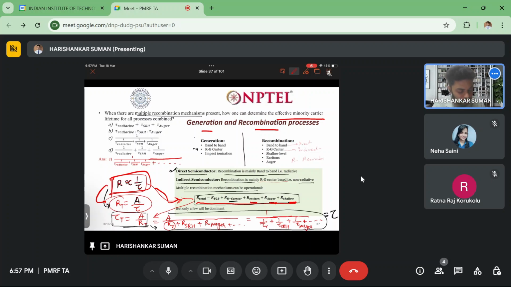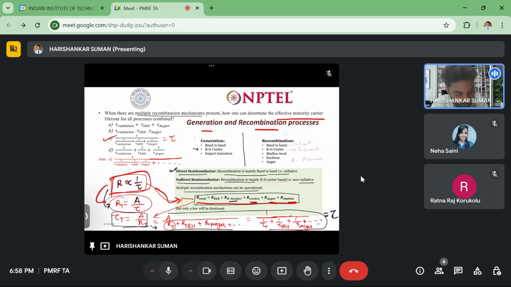Total recombination is the sum of RSH, R Auger and the others. So this will be the total effective lifetime for multiple charge carrier recombination.